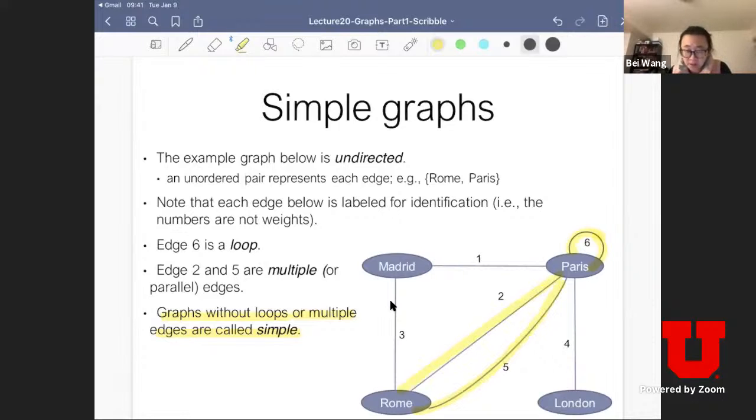So in order to make this a simple graph, we need to remove the self loop and remove one of those two edges to make sure that there's only one edge between two vertices. Again, let's recall that if a graph is undirected, then an unordered pair will correspond to the edge.